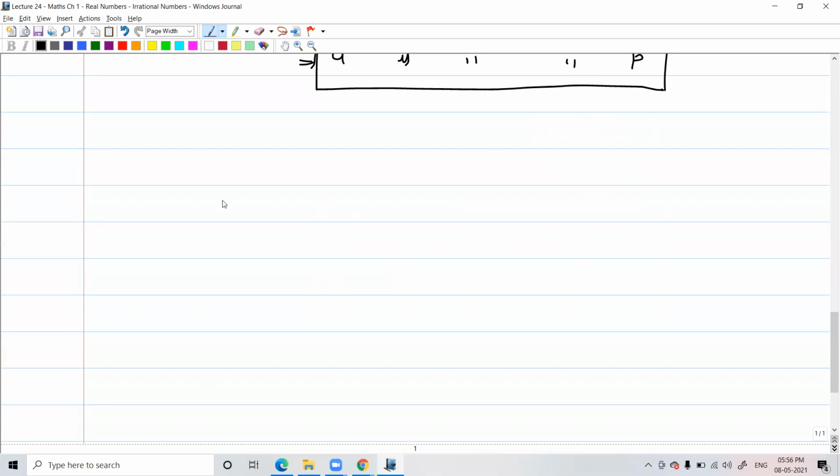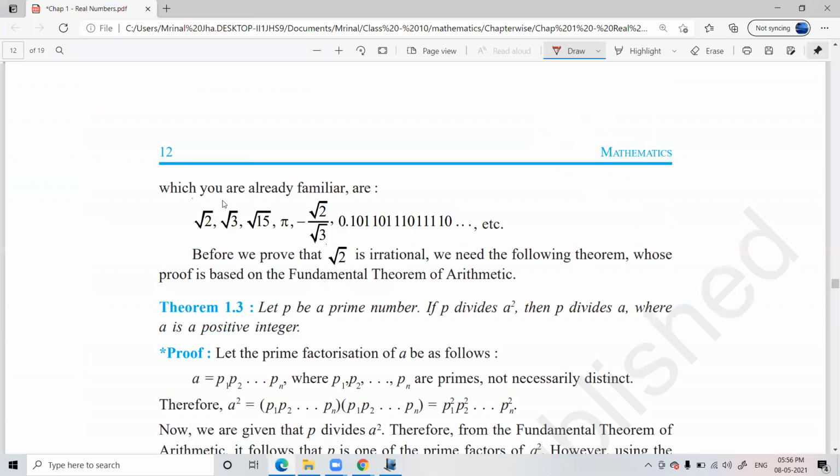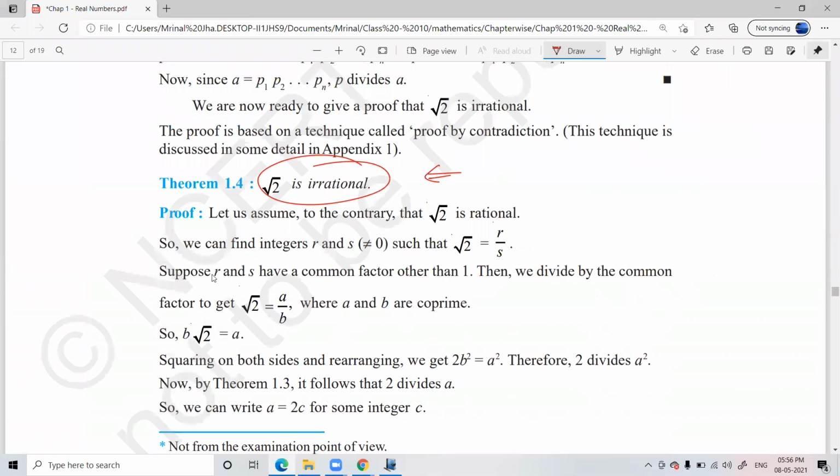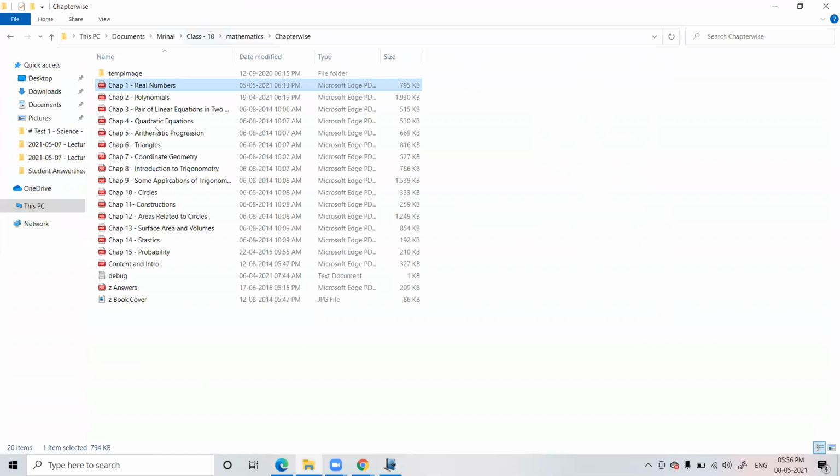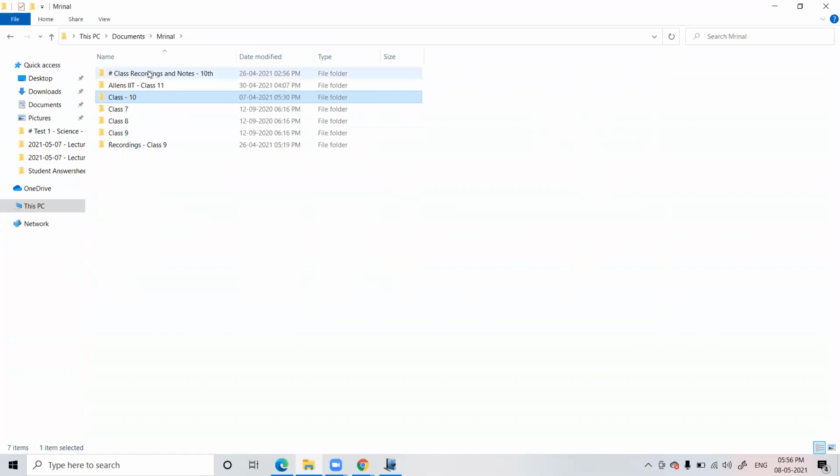Fine, so let's move on to the next theorem then. The actual theorem which you will have to prove, that root 2 is irrational. I think I recently did this proof and sent it to you people, right? Ritesh had asked me this doubt. I made a video for you people and I sent it.